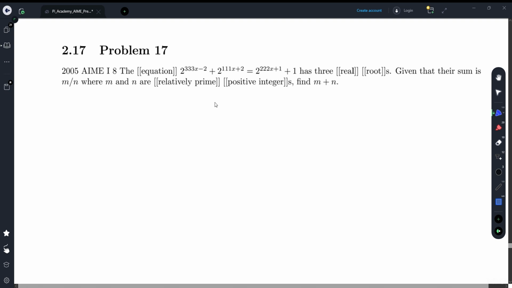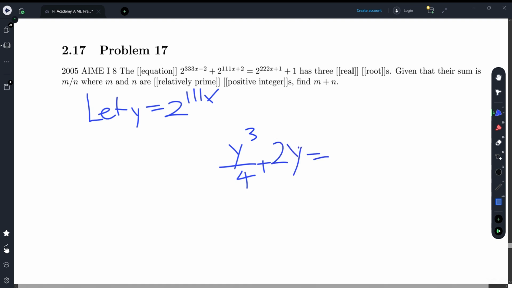So first of all, let's simplify this. We see that 2 to the 111x is in all three terms, so we can set y as 2 to the 111x. So we get y cubed over 4 plus 2y is equal to 2y squared.